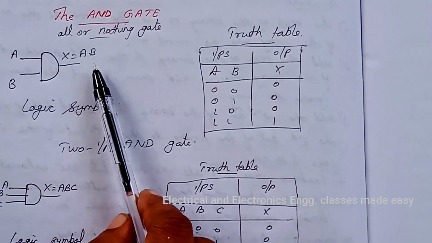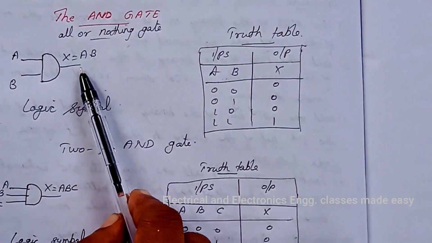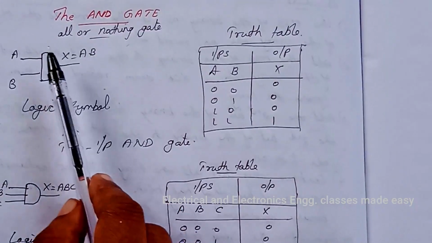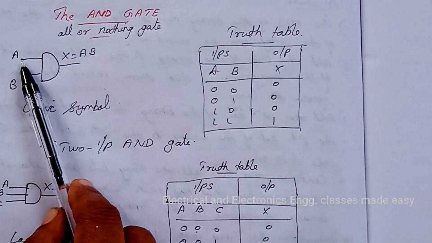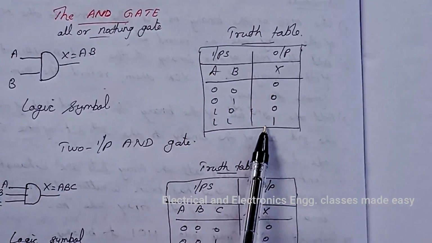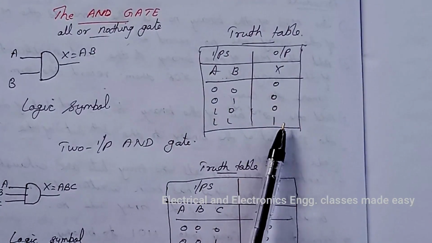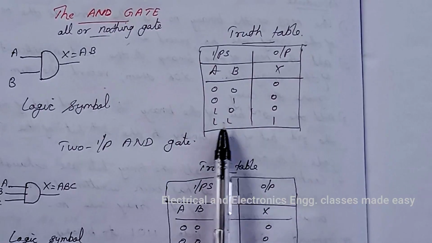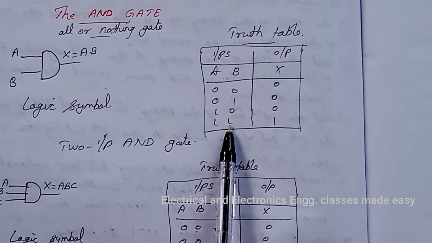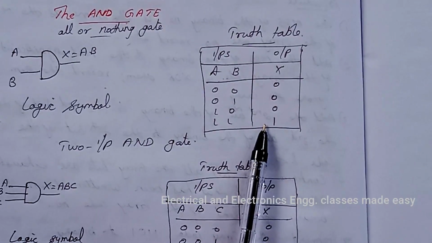The output assumes the logic 1 state only when each of its inputs is at logic 1 state.